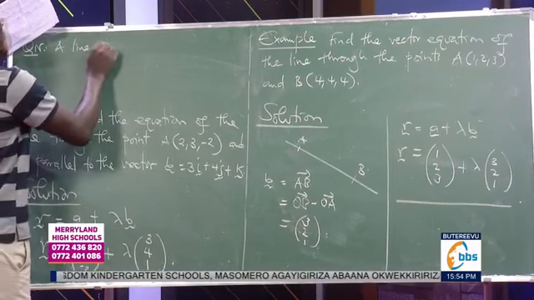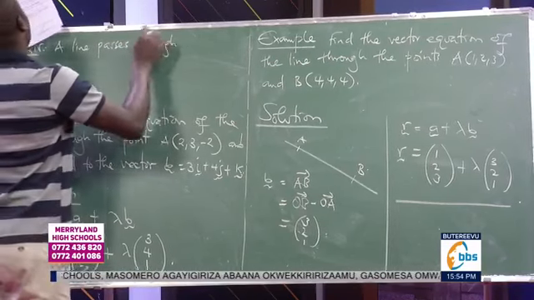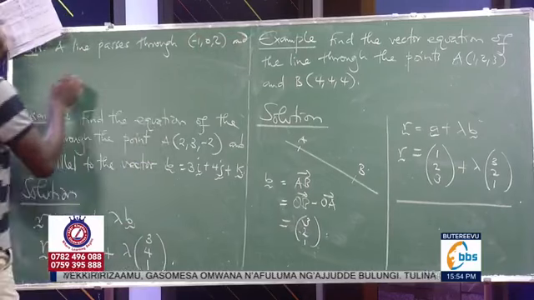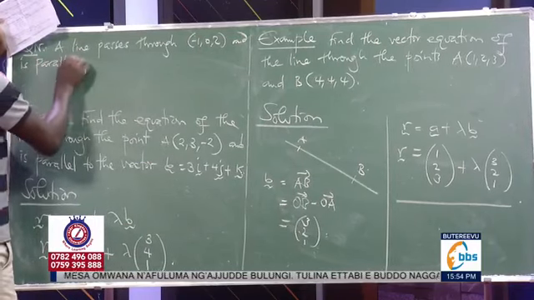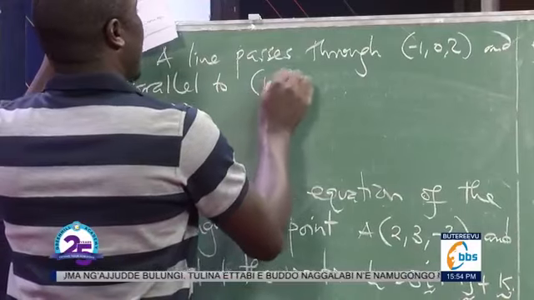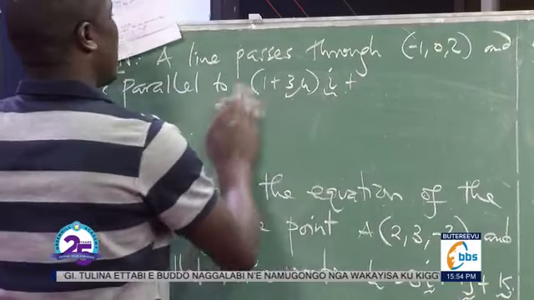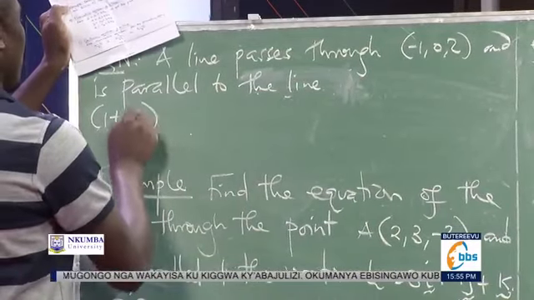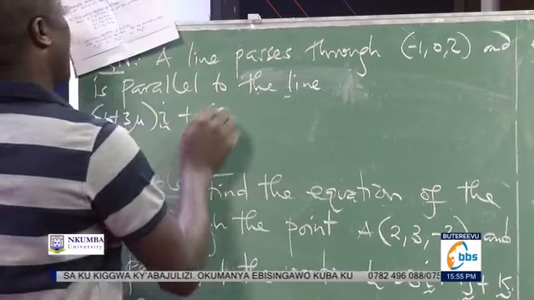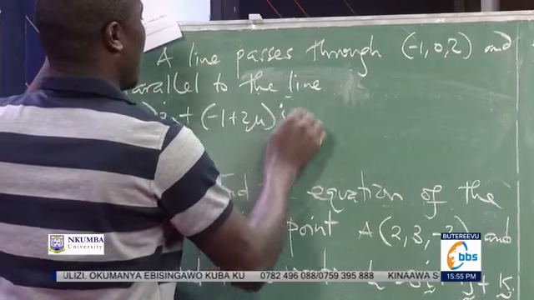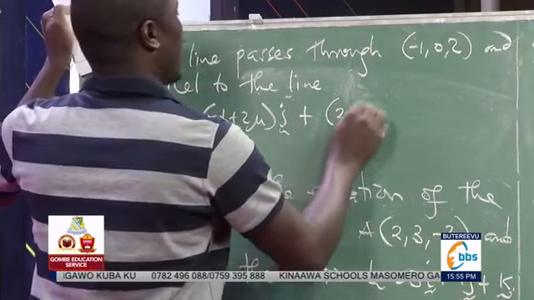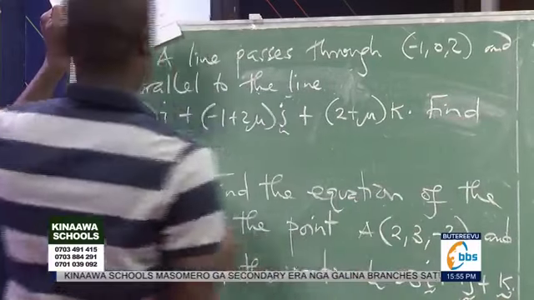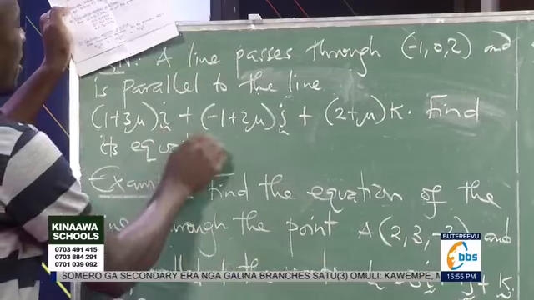A line passes through -1, 0, 2 and is parallel to the line 1 plus 3 mu i, and then plus -1 plus 2 mu j, and then plus 2 plus mu k. Find its equation.